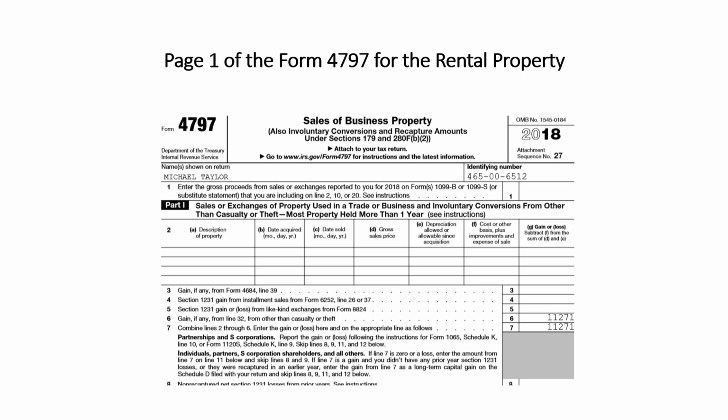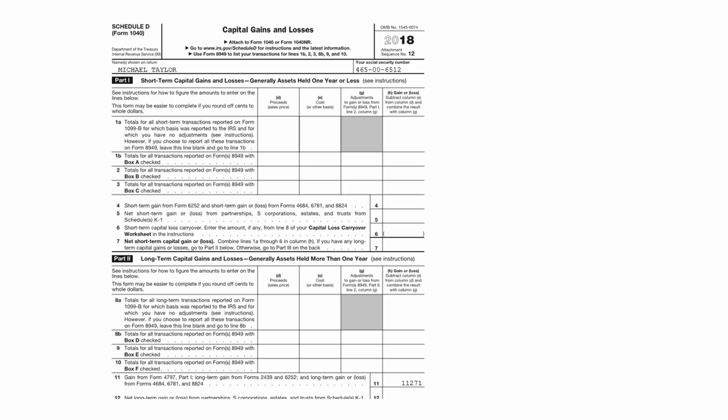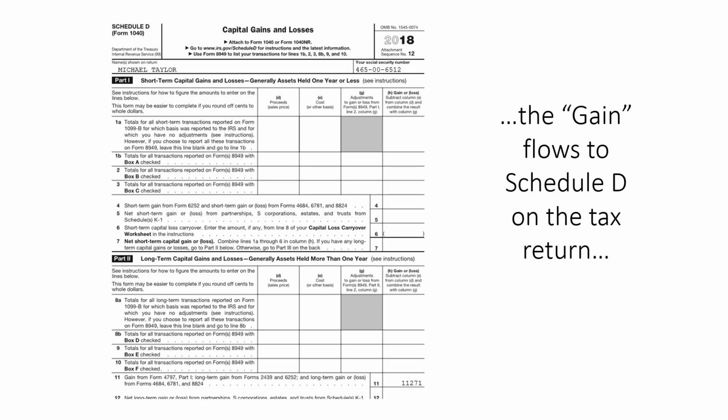Here's page 1 of the Form 4797 for the rental property. The gain flows to Schedule D on the tax return.